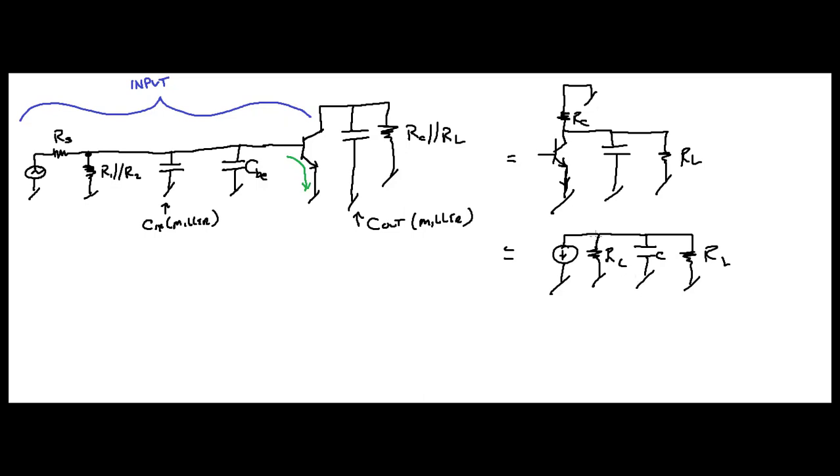But they're all connected, so we can rearrange this, can't we? And we could make this easier. So this is really going to be a constant current source going to ground. Bring this up. Here's your Miller capacitance. We want to look at it like that, but actually it might be easier.